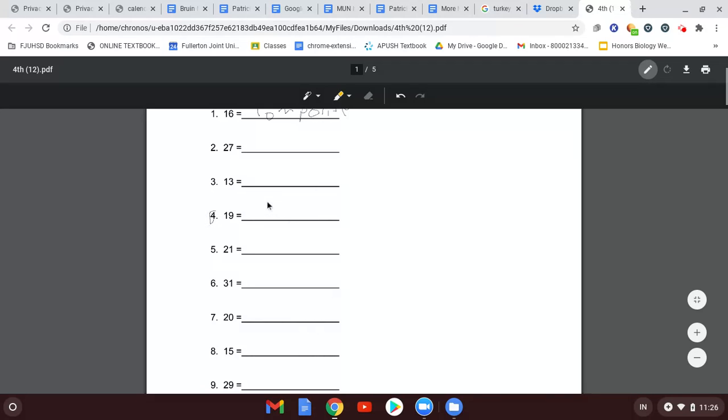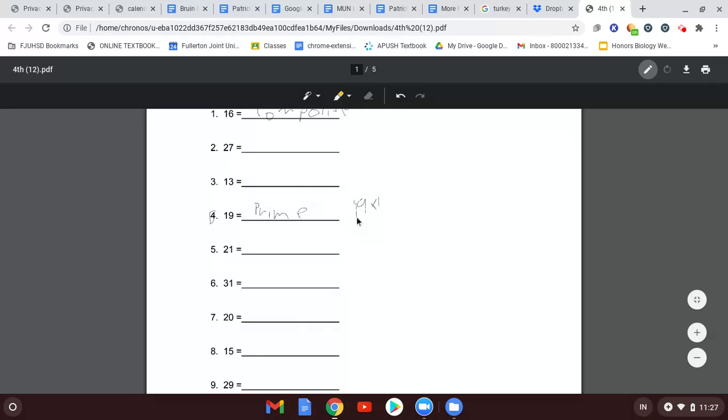Number 4, 19, is a prime number, and this is because 19 only has two numbers that can make 19. Those two numbers would be 19 times 1.